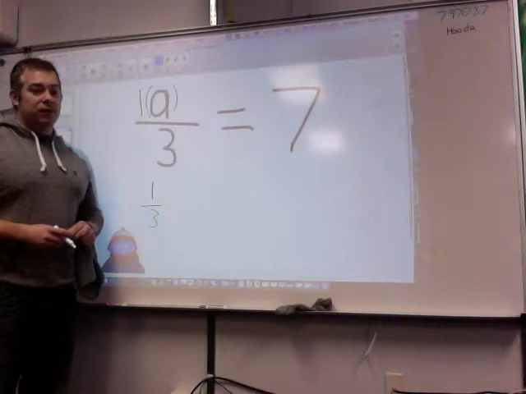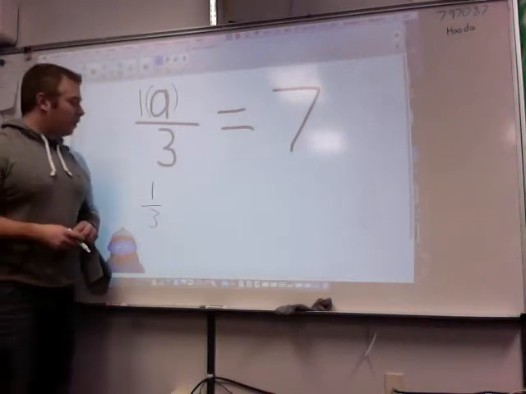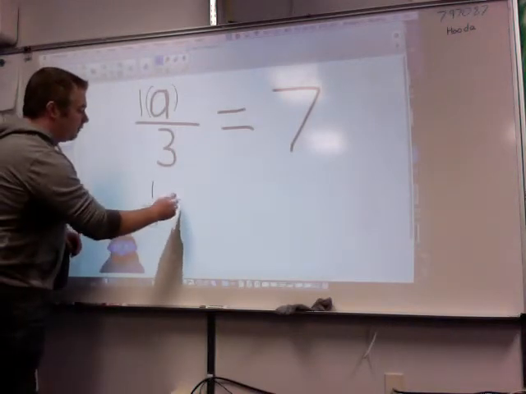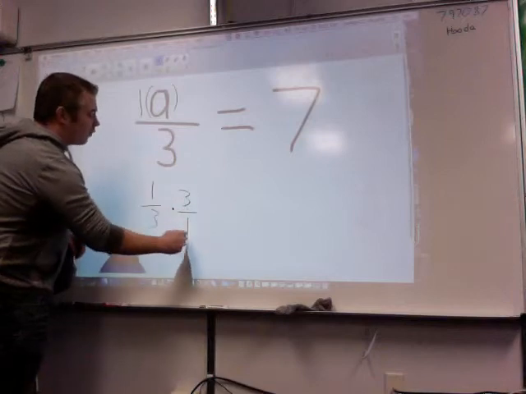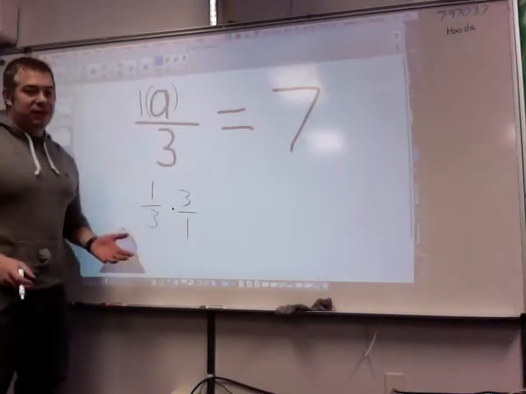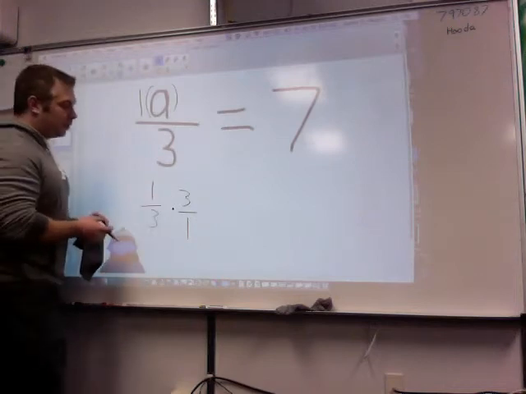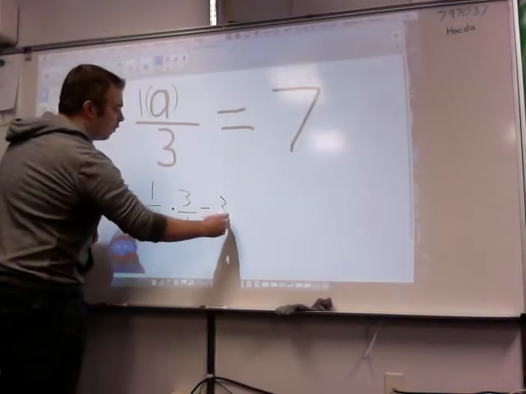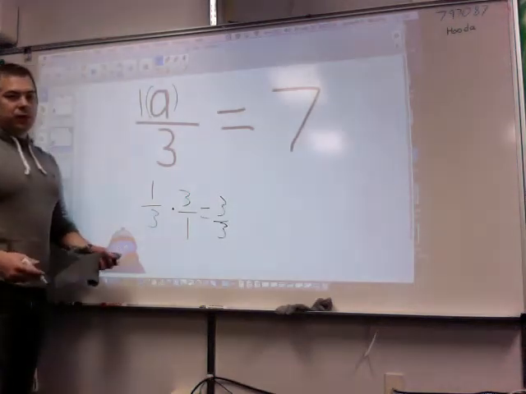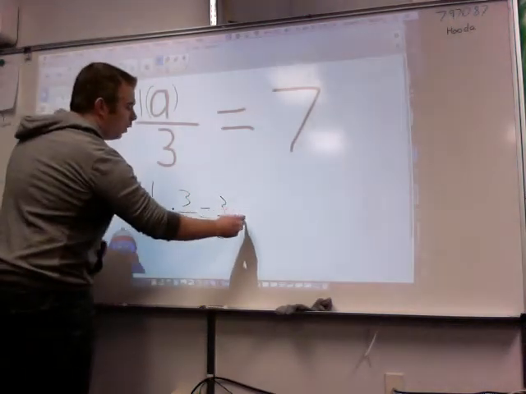Everybody say inverse. Good job, I heard you. If you multiply by the inverse, which is 3 over 1, inverse means basically the opposite. So 1/3 times 3 over 1 equals 3 over 3, which we all know to be equal to 1.